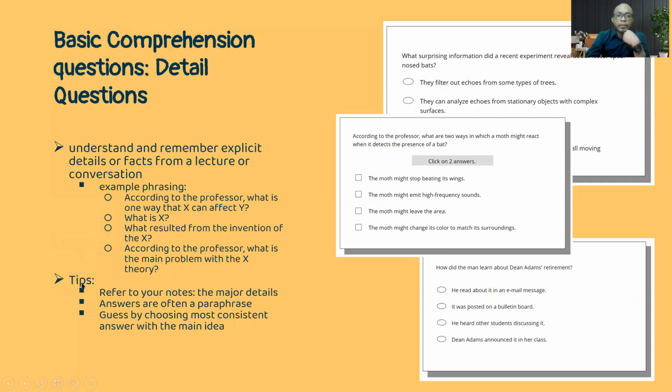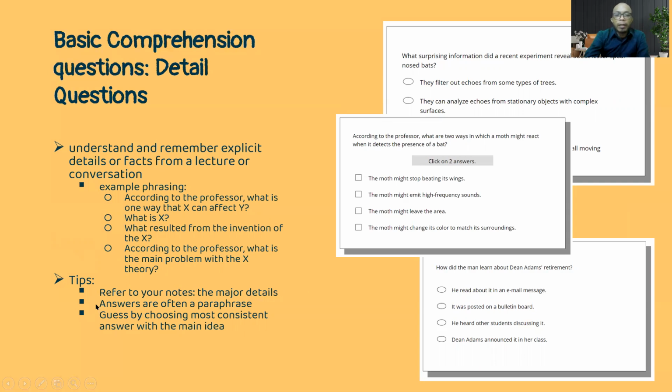And then the strategies for this: number one, you need to make sure you take notes on the important information you hear from the listening, and then use that to answer the questions later, okay?